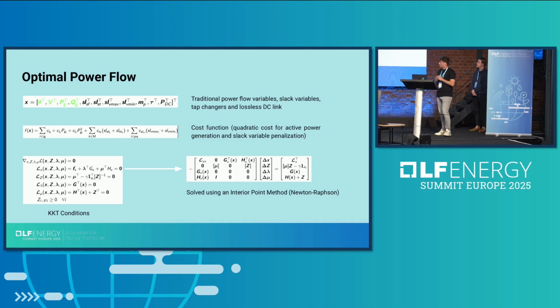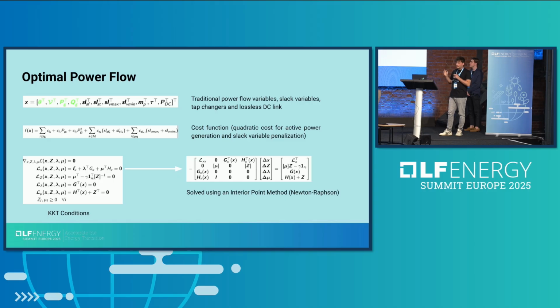Then we jump into the other big analysis tool that we have in GridCal, in VeraGrid. This is the optimal power flow, the AC optimal power flow or nonlinear optimal power flow. This is an expanded formulation from the typical implementation of AC OPF, which you can find probably in MATPOWER as the most common open source implementation.